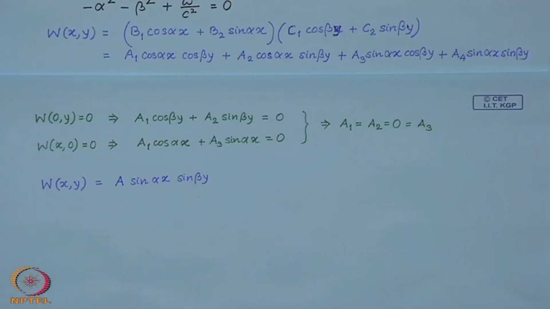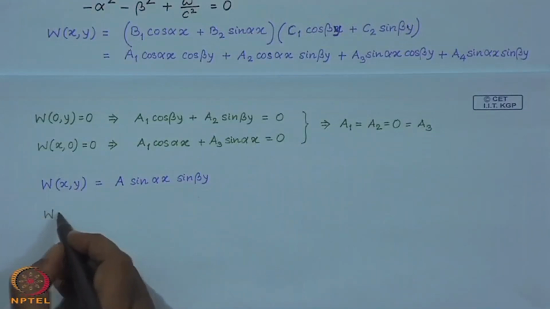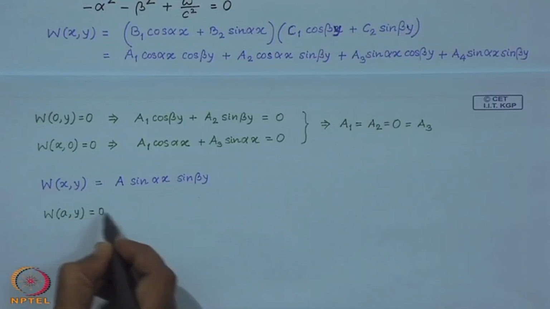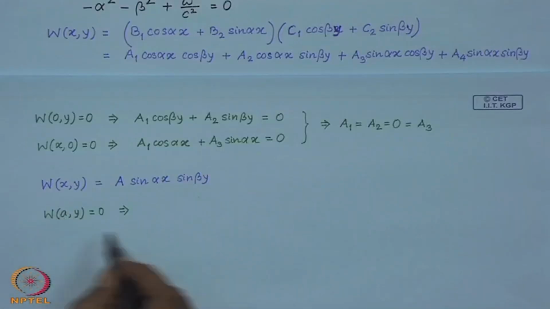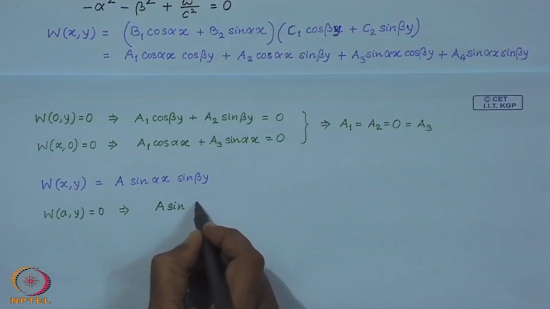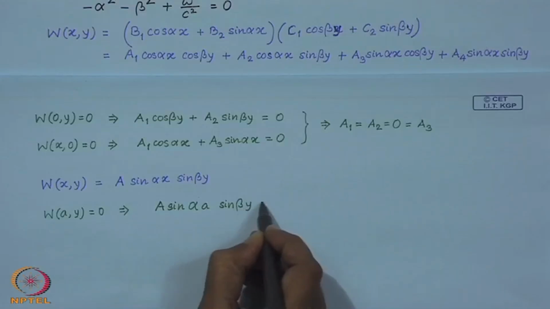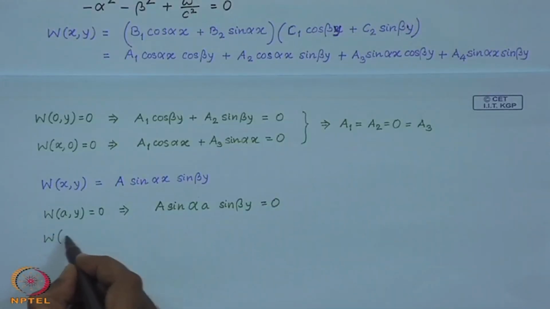And we are left with two more boundary conditions. So, these are, so when I substitute, replace x by a, and the fourth one.